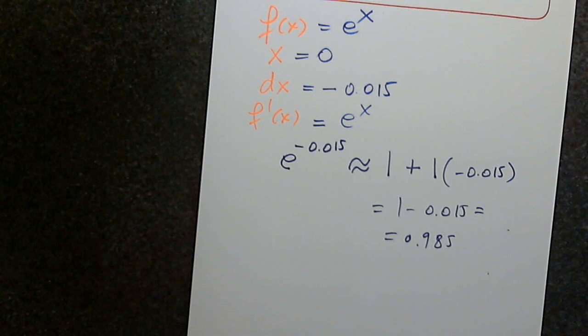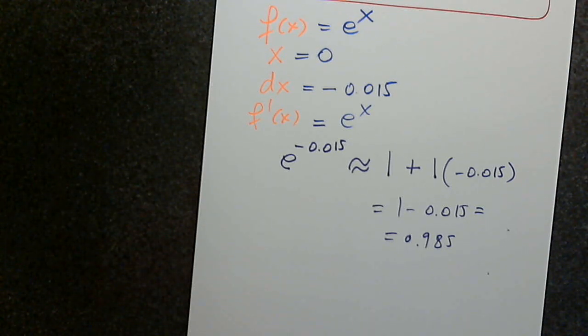Agreed? So let's go to e raised to, in parentheses, negative 0.015 and 1 minus 0.015.